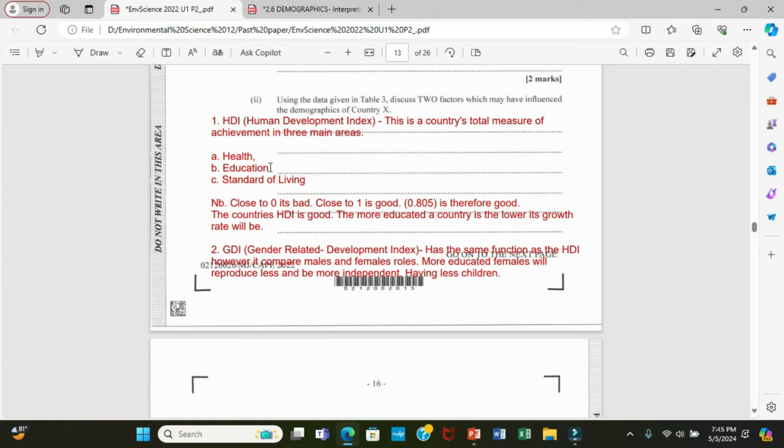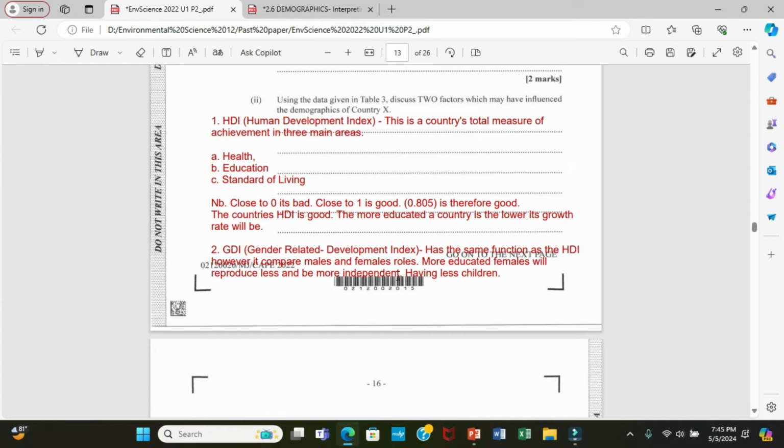Also, when the females are more occupied with a job and they are independent, they don't have to depend on the males for support. So they have fewer children. They don't have to be forced into doing what they don't want to. All right, so those are some information the HDI shows.